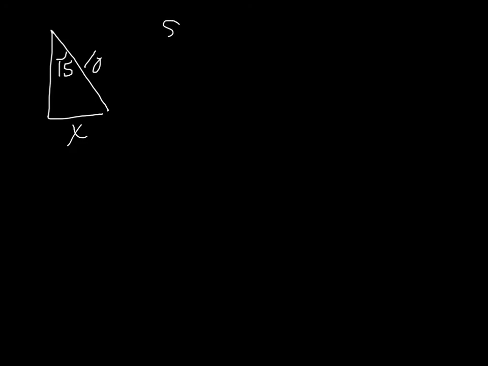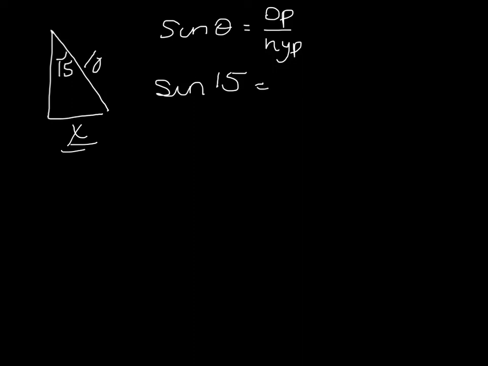So our first is sine theta, which is opposite over hypotenuse. So the sine of 15 equals, our opposite in this case is our x, over 10.